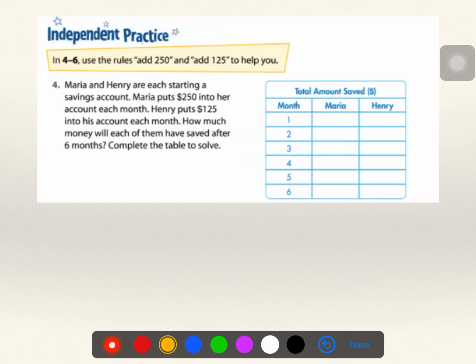If Maria and Henry are each starting a savings account, Maria puts $250 in her account each month. Henry puts $125 in his account each month. How much money will each of them save after 6 months? Complete the table to solve. How much after 6 months for Maria?